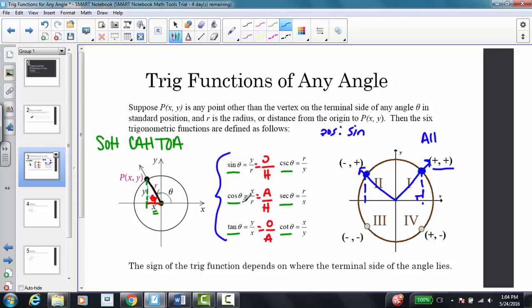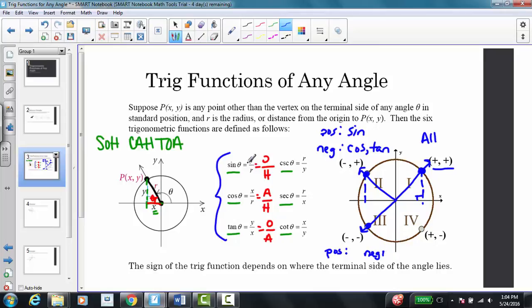And since x is negative, my cosine is going to be negative. Tangent, I have y over x. So if one of those numbers is negative, then the whole thing is going to be negative. So tan is also going to be negative in the second quadrant. If we look at the third quadrant, I have both values, x and y, negative.